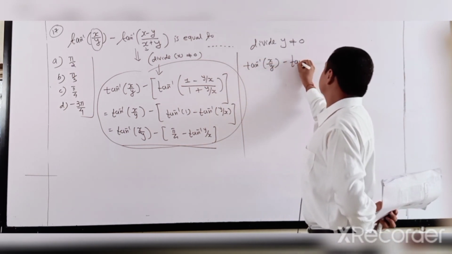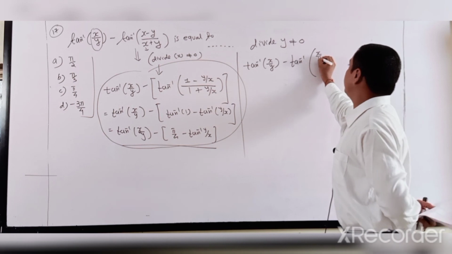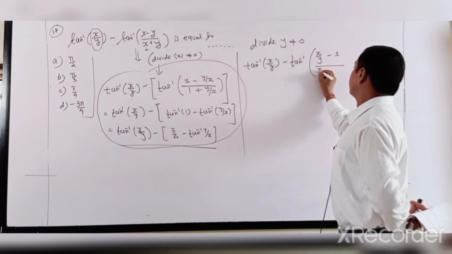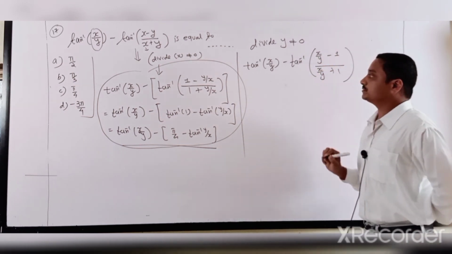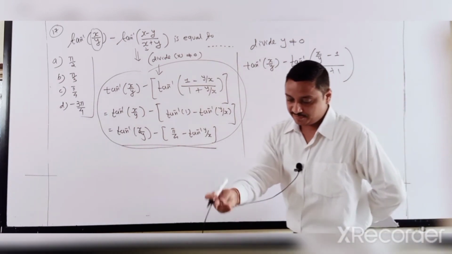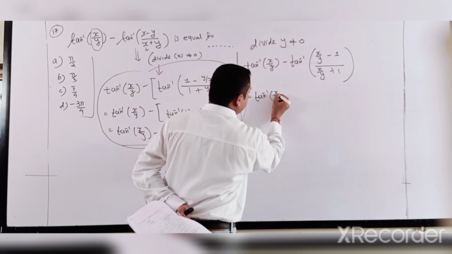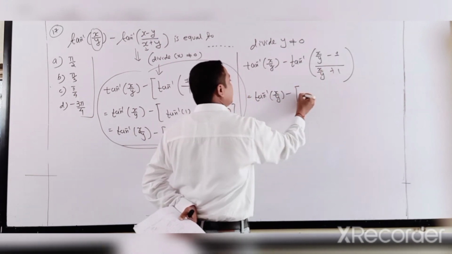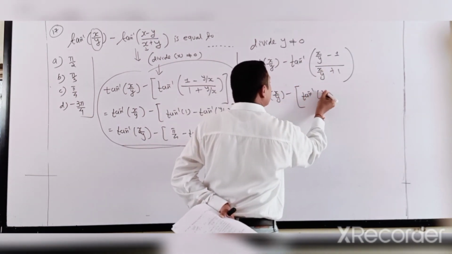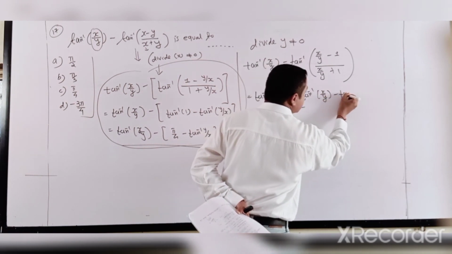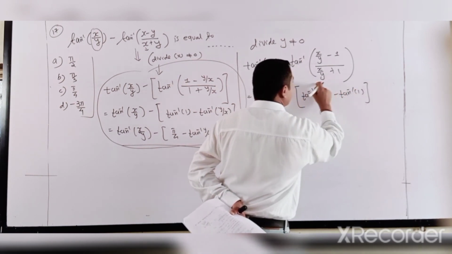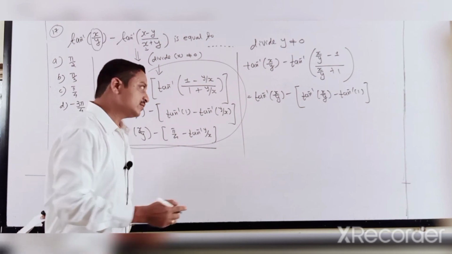And here tan inverse, dividing by y, so x by y minus 1 over x by y plus 1. So finally, you easily create the further solution. Tan inverse x by y, and minus, applying the property, tan inverse x by y minus tan inverse 1 upon 1 plus x by y, same as.